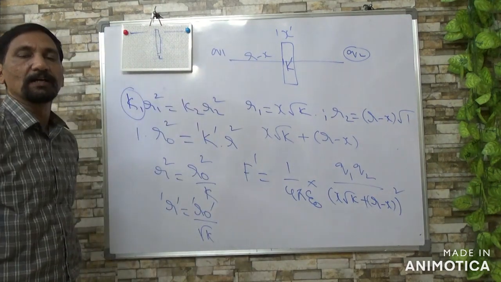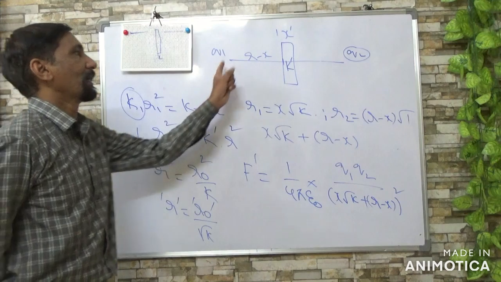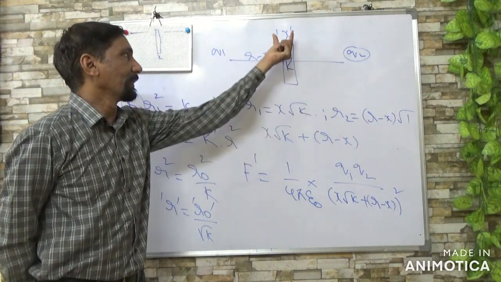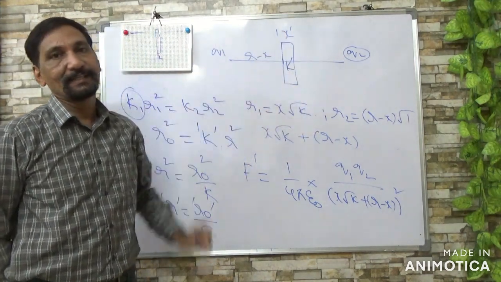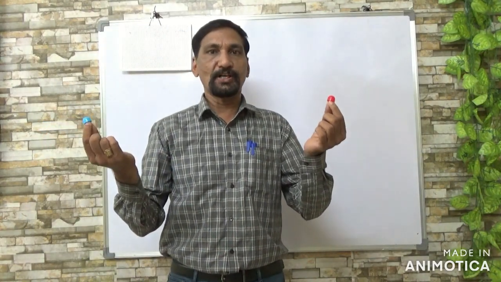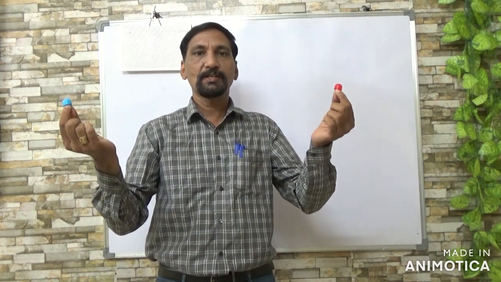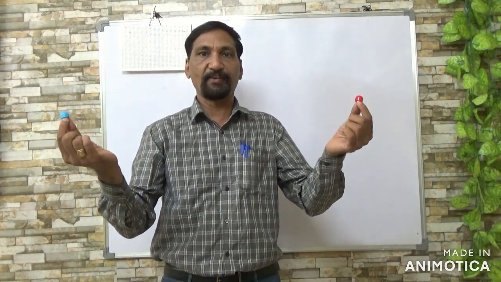So this is the force between 2 point charges when they are separated by a glass slab of thickness X. Now, there are 2 point charges separated by a certain distance. Say the force between them is F.